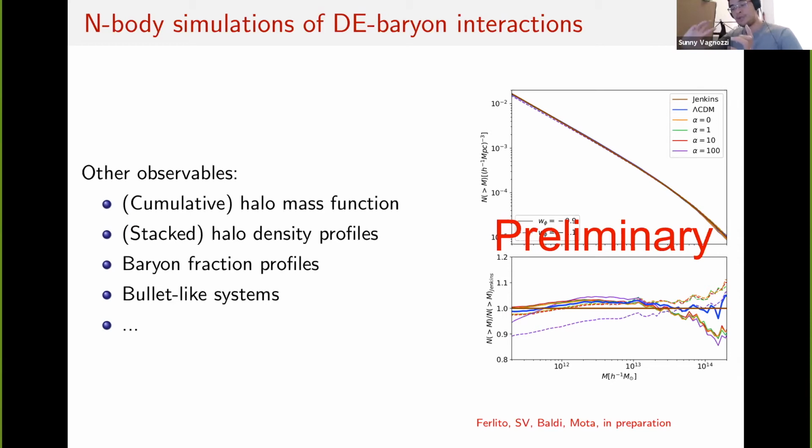So the separation between the baryons, the gas, and the dark matter you see in systems like the Bullet Cluster is going to be affected by these interactions. This is all very preliminary work by my student, but we are seeing effects of up to 10% in these observations.